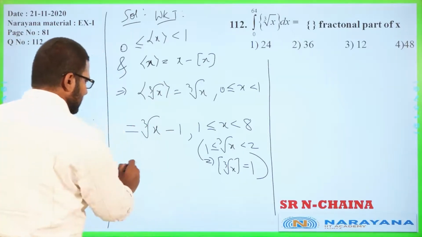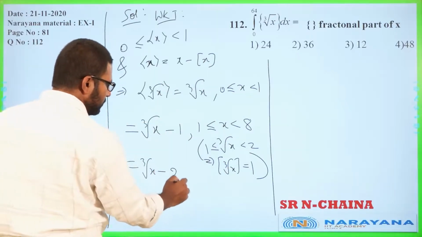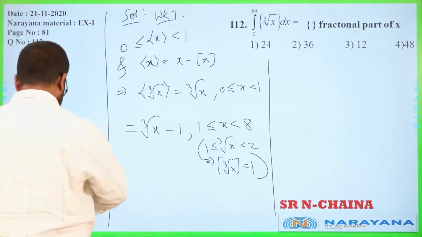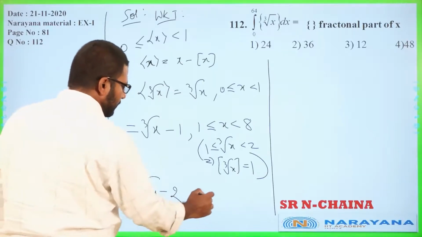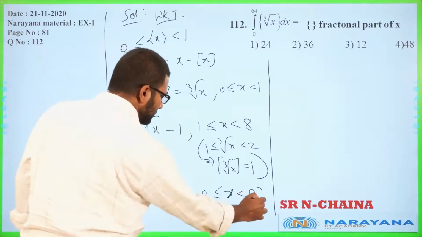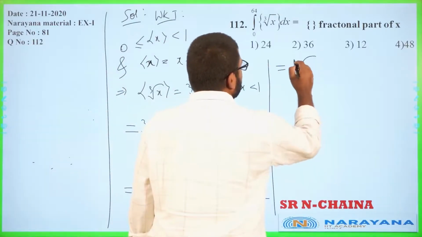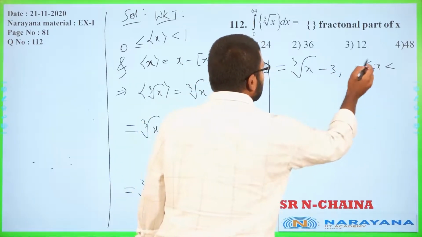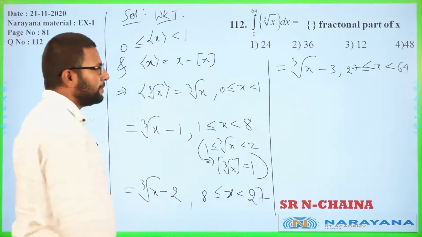So now going by the same logic, it will be cube root of x minus 2 when x lies between 8 to 27, and it will be cube root of x minus 3 when x lies between 27 to 64, and we have to go up to 64.